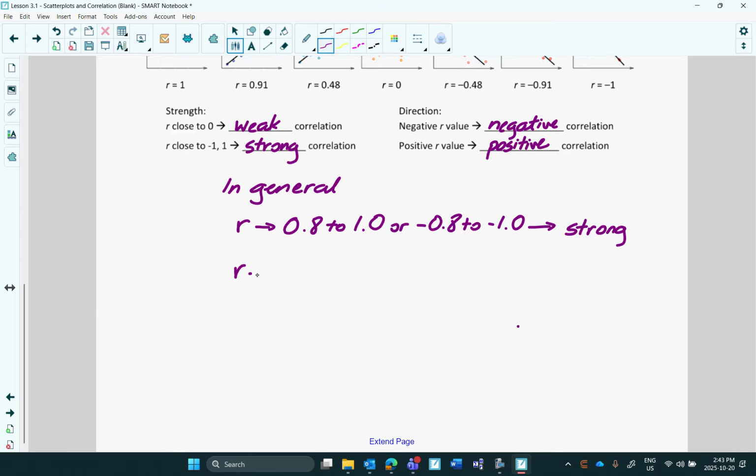If r is from 0.5 to 0.8, or -0.5 to -0.8, we would say it's moderate.